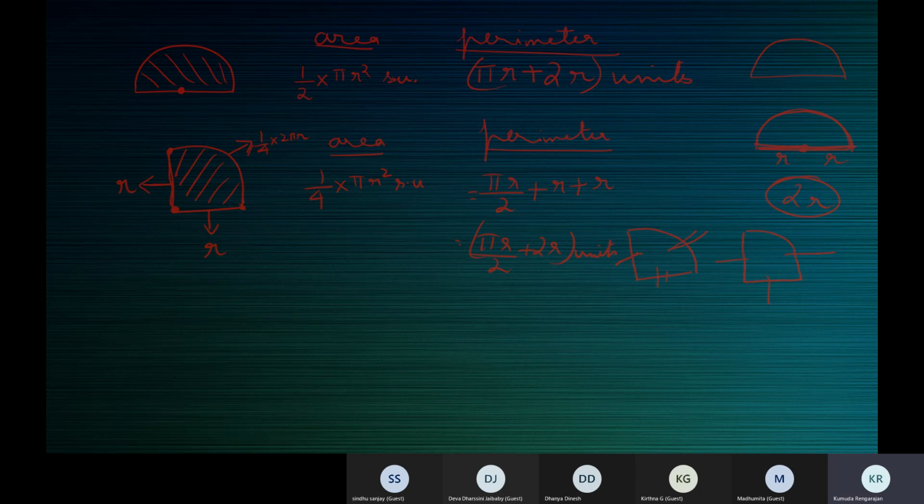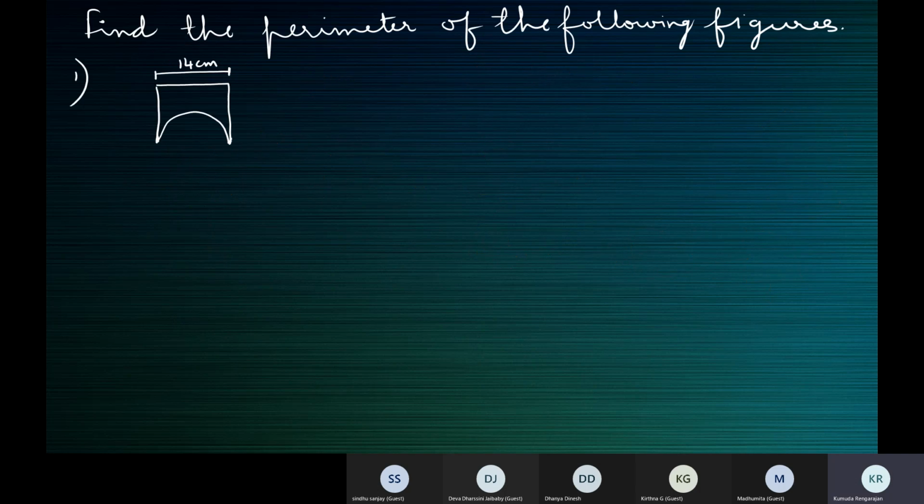In this language, how do you describe the figure here? How many pieces is it made up of? 3 line segments and 1 arc. Very good. And this arc is called a?